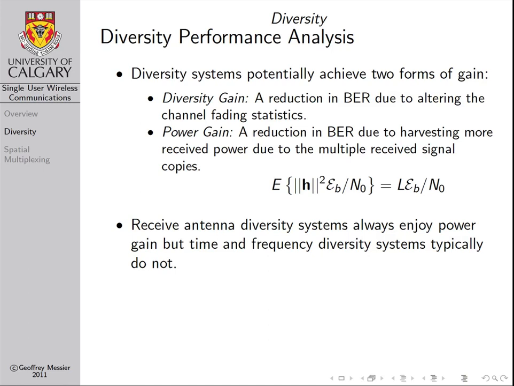And the same goes for frequency diversity as well. So the transmitter generally does not invest more power when using a repetition code, or indeed any other kind of code. So we see power gain for receive antenna diversity, but basically not for any other form of diversity.